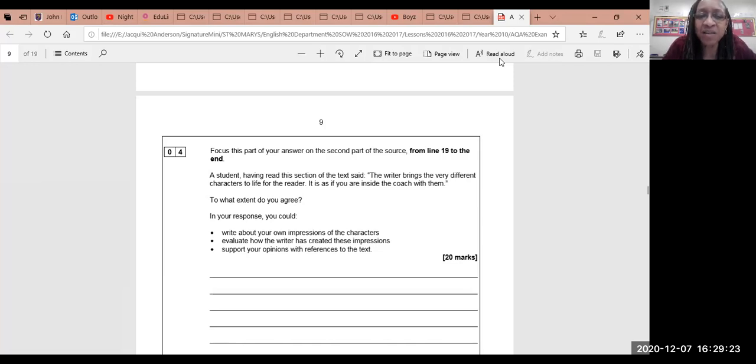You need to be looking at quotations of at least 5 words, but no more than, say, 7, 8, nothing too long. So you need to highlight at least 4 quotations from line 19 onwards, and then we're going to have a look at how we can then annotate those quotations. So if you pause the video now and find your 4 quotations.